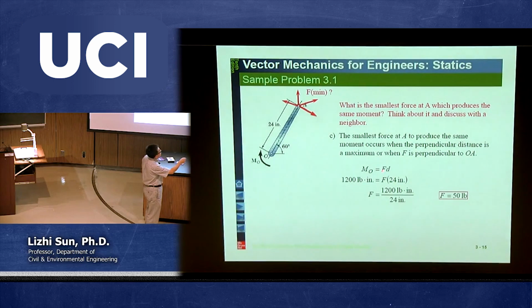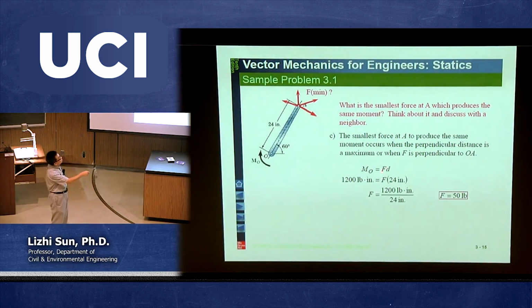One symbol multiplied by another one, but the product is constant. So if this F should be the smallest, then this D should be the largest, in order to maintain the result as a constant.